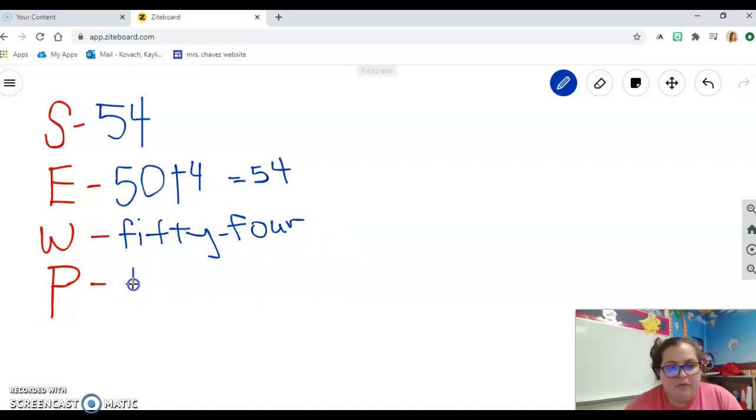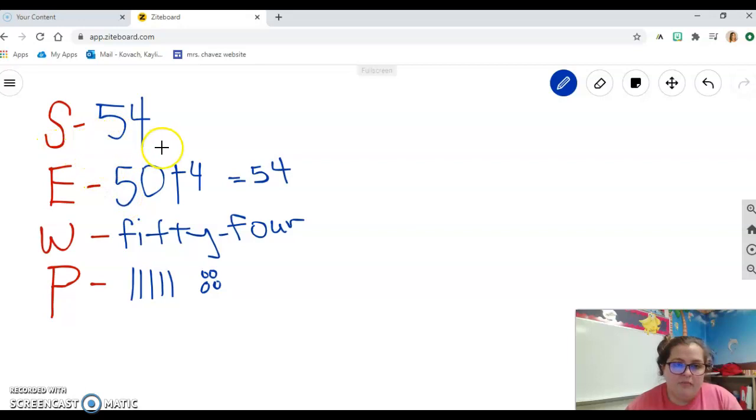Pictorial form is just like what we've been doing. So in our tens, we have 5. 1, 2, 3, 4, 5. And then in our ones place, we have 1, 2, 3, 4. Okay, so these are our different ways to do the numbers.